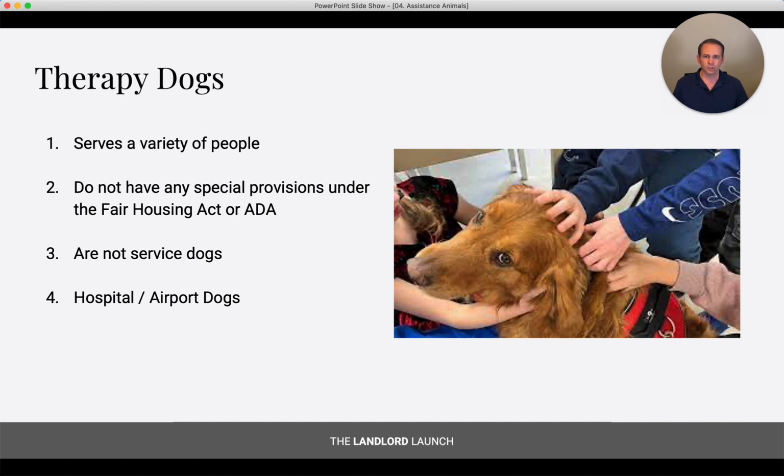They're not service dogs, they're not emotional support animals. They are often privately owned, either trained by the owner or by someone else, and their job is to go to places where people aren't feeling their best and give them a little comfort and joy by letting them pet and interact with the animal, putting a smile on a face.